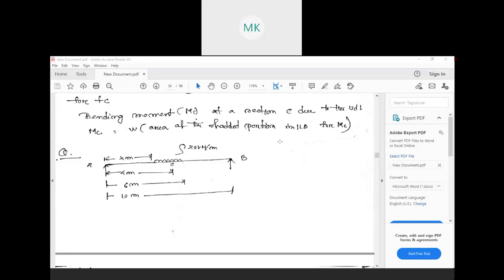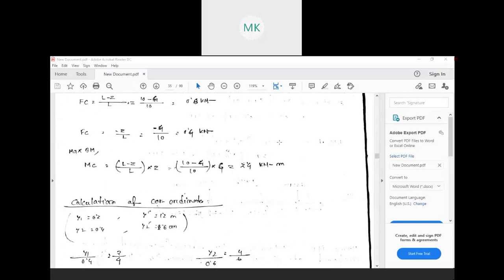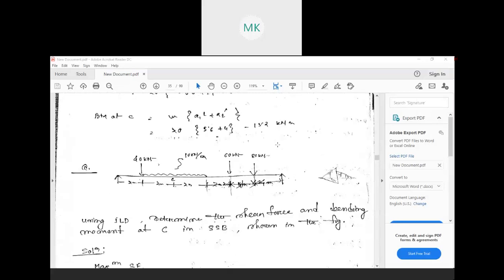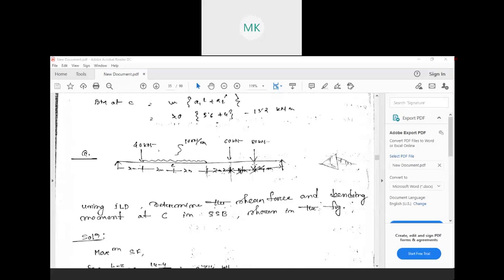This one we have already discussed, is it? Okay, then one is left, I think. In section D, I have discussed this also. So let's continue from this. Let's first finish this numerical, then we'll go to the next topic.